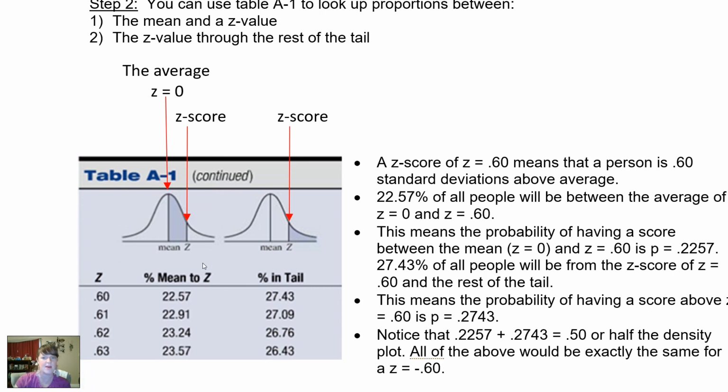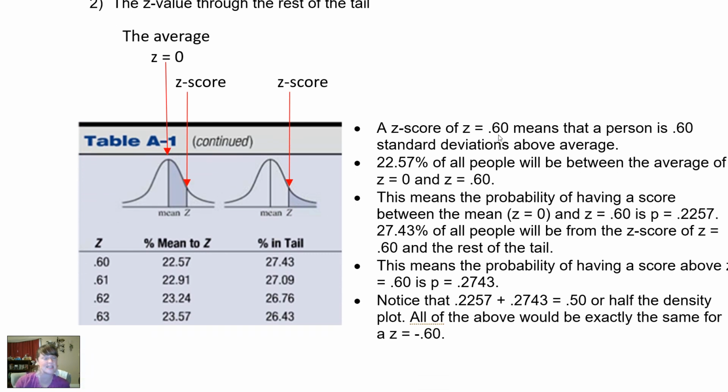So let's say that a person had a Z-score of 0.6. I used the Z-score transformation, I subtracted the average, and then I divided by the standard deviation. I would know that that person is 0.6 standard deviations above average. And here then is what the Z-table would tell me. The first column asks me what the Z is. In my case, my Z is 0.6.